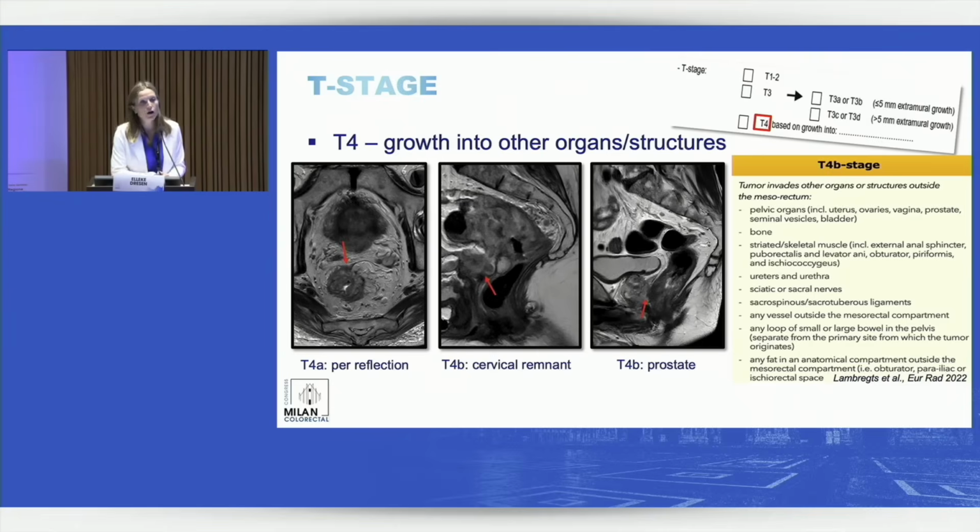T4, it's not really defined in the TNM staging, it's just invasion into surrounding structures or organs. Also, in the updated recommendations, we will get some more specific information. So, of course, growth into adjacent organs, like the cervix or the bladder or the prostate. T4a specifically for invasion in the peritoneum, but also other structures like the ureters or the nerves or any fat outside the mesorectal compartments.